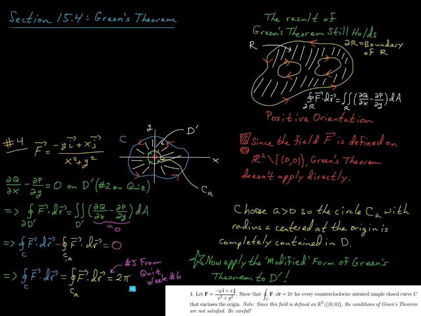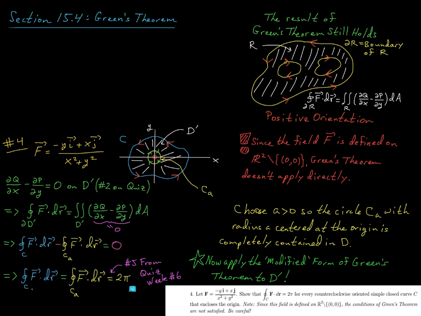If I use the integral symbol over C sub a to denote the counterclockwise line integral over this circle, then if I integrate clockwise like I'm doing here, I have to put a minus in front of that to account for the reversal in orientation. So now I have that the difference in these line integrals is equal to 0.